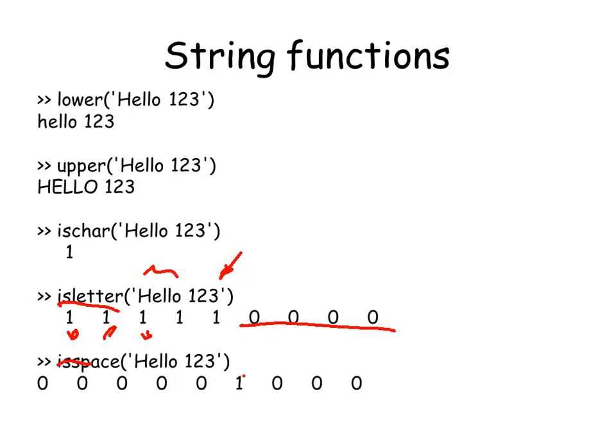IsSpace will give you a true wherever you have a space character. All right. So given a string, you can split it into words by first identifying where the spaces are, and then taking the rest and converting them to a cell array. So that would be one strategy, to convert a string into its words as a cell array. Okay.